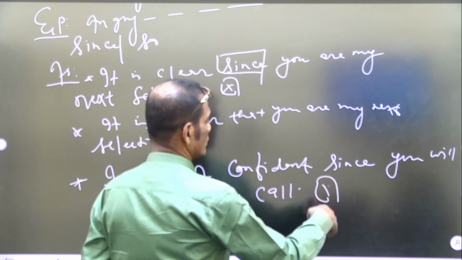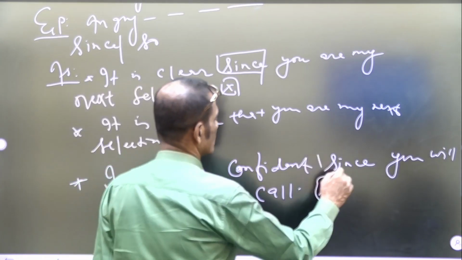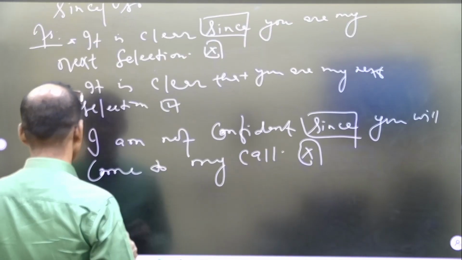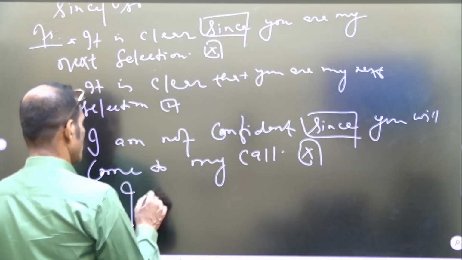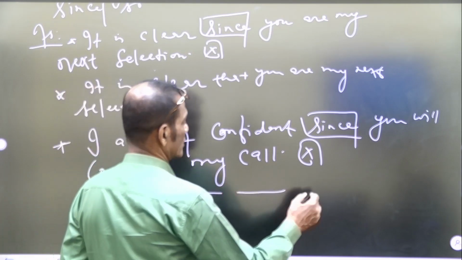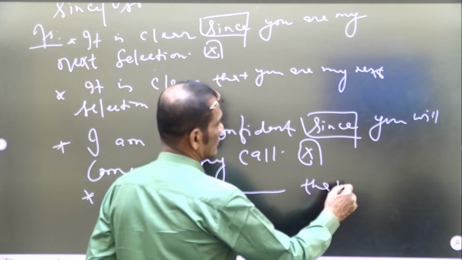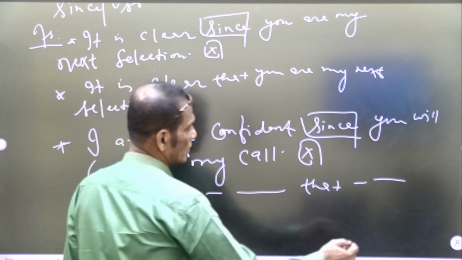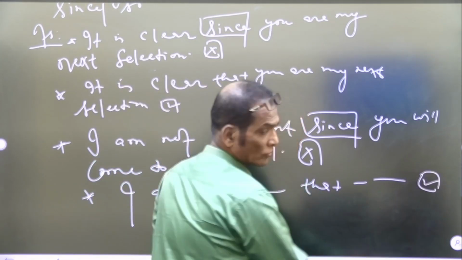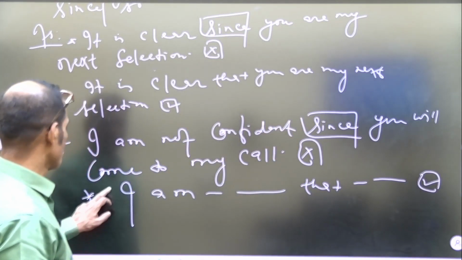This one is also incorrect because I have used here since. So here it should be: I am not confident that you will come to my call. This one is correct. Okay.